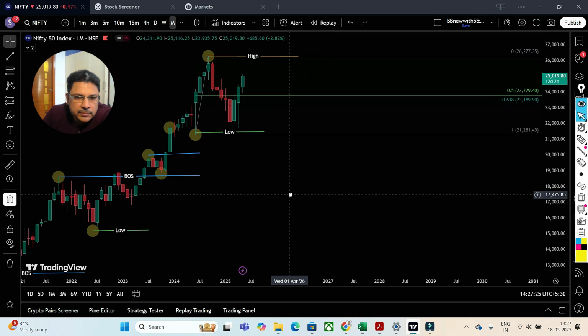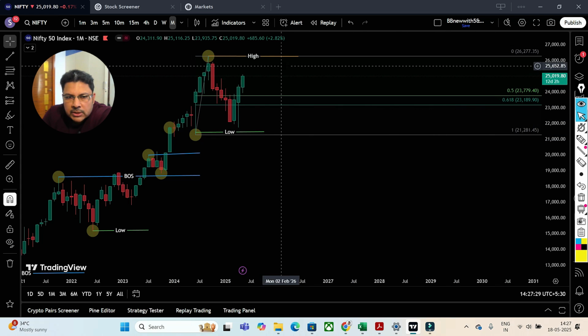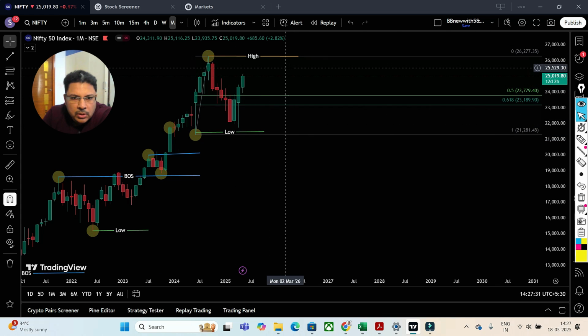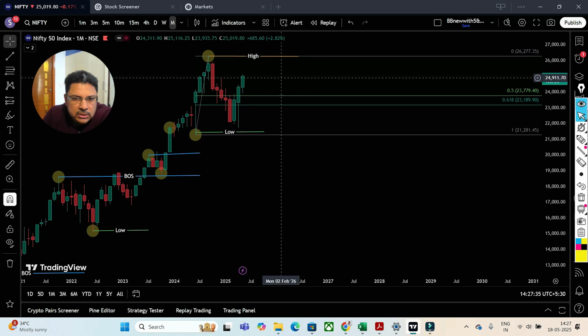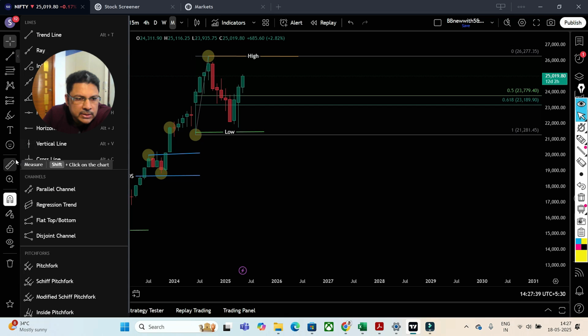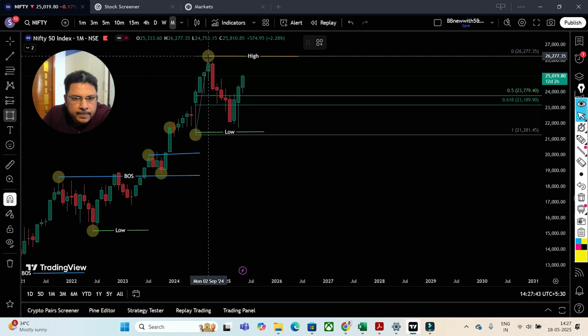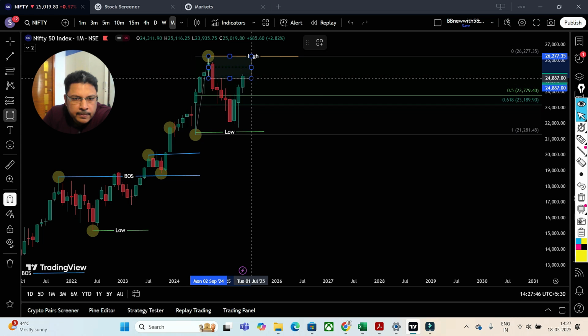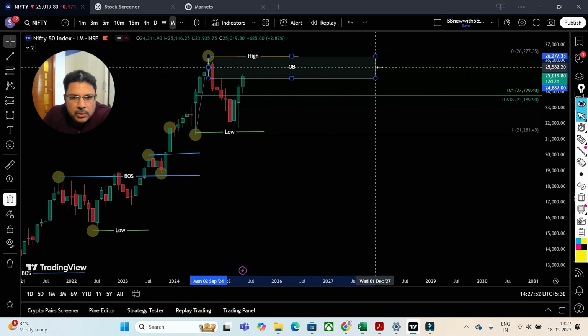Now there is a next level of market structure understanding, which is your order block and fair value gaps. So here you can see this was an order block for you, which will act as a resistance. Okay, so this was your order block.